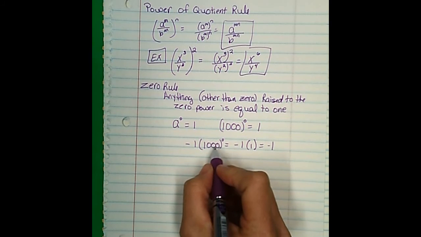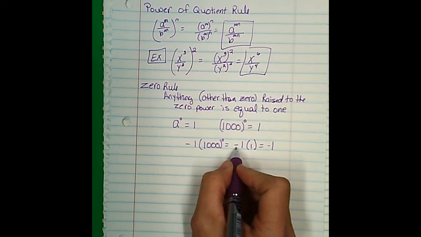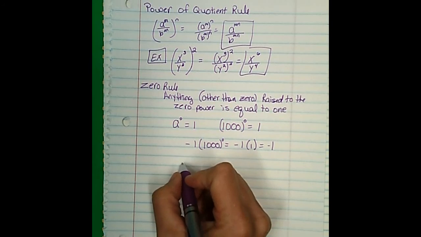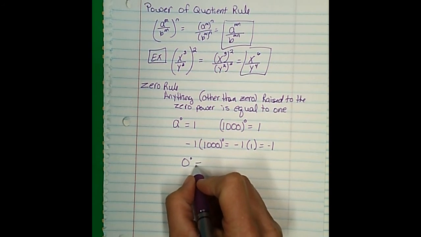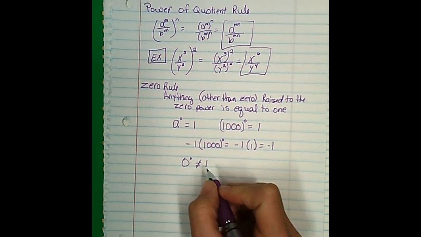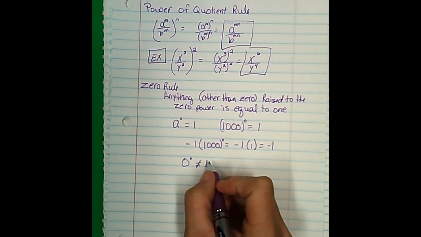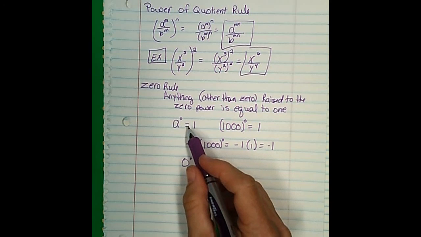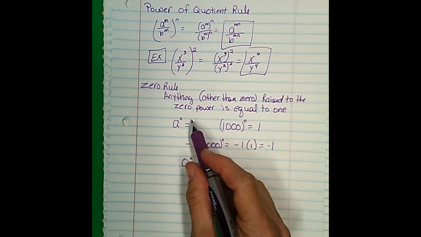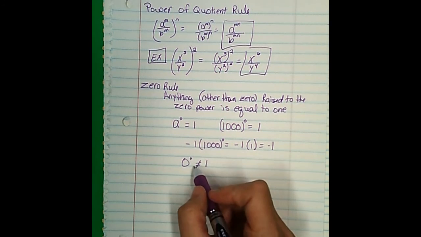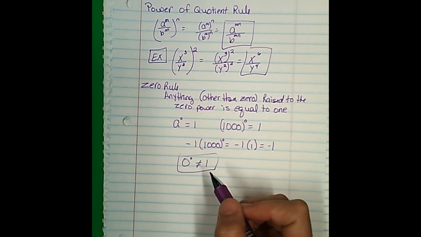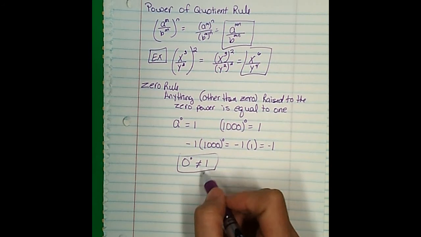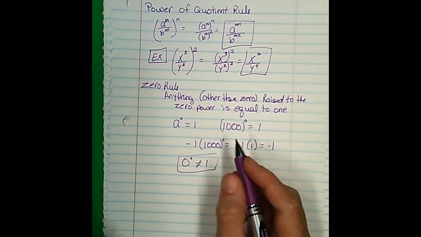So anything raised to 0 is 1 except for 0. I cannot raise 0 to the 0 power and come out with 1 because 0 will not ever equal 1. So in this case, everything raised to 0 power is equal to 1, except for the case of 0. 0 to the 0 power will not ever equal 1.